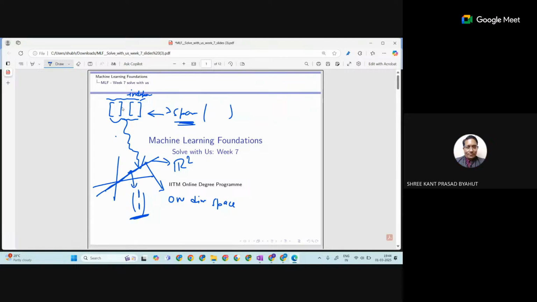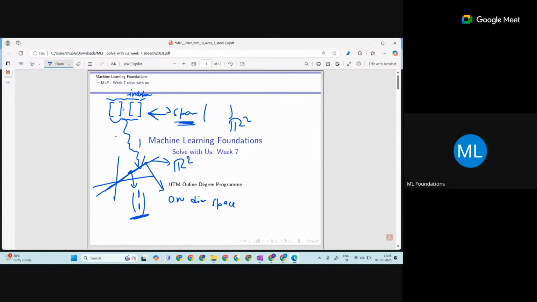This line is in R2 only, but the dimension of the space is one. R2 is two-dimensional, which generally you can think of as a plane. So from a plane you are projecting onto a line.